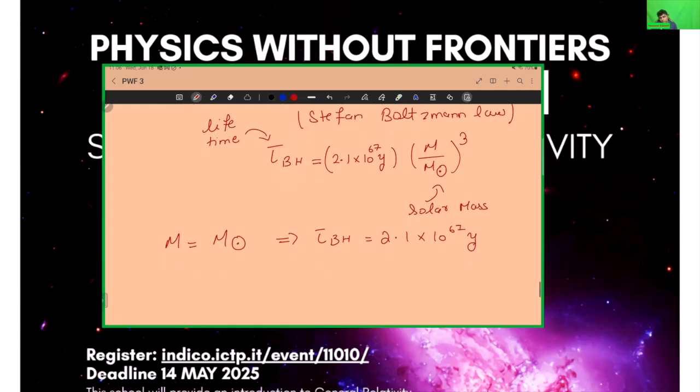I mean, for context, the age of the universe is 1.3 times 10 to the power 10 years. So you can see how big this lifetime of the black hole is. So if there is a big black hole that is evaporating, it will take much longer than the lifetime of the universe for it to completely evaporate away.